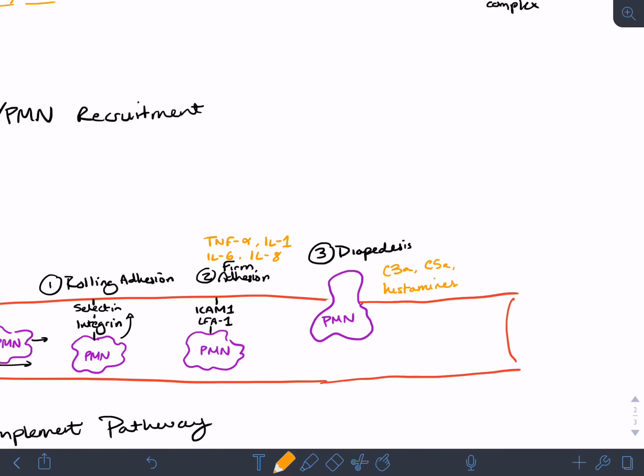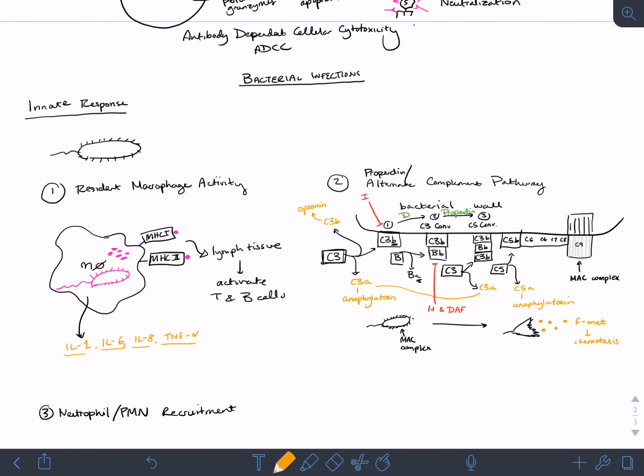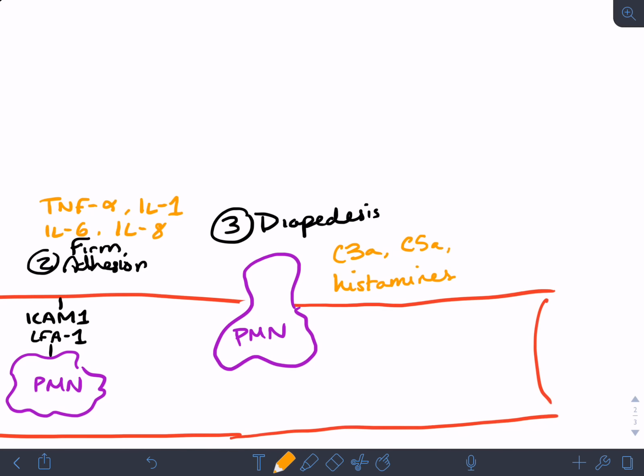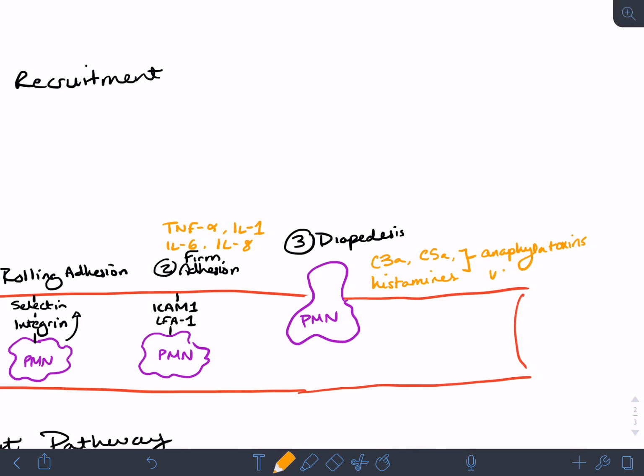I didn't mention before, but whenever you get a bacterial infection, your mast cells are going to activate. So part of steps 1 and 2, in addition to resident macrophage activity and the alternate complement pathway, is that your mast cells, which are resident to this tissue, are going to activate and release histamines. So all 3 of these things are anaphylatoxins, and that's a fancy word that means your blood vessels are going to vasodilate. Vasodilators. And that's how you get your neutrophils out into your tissue.